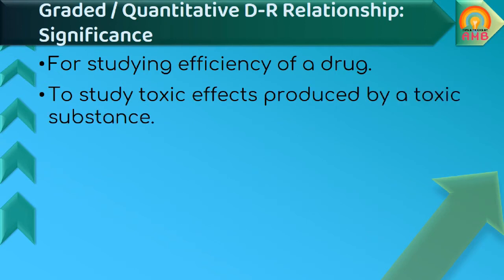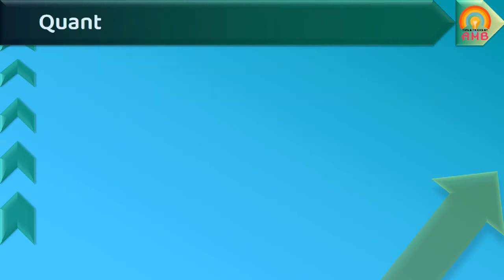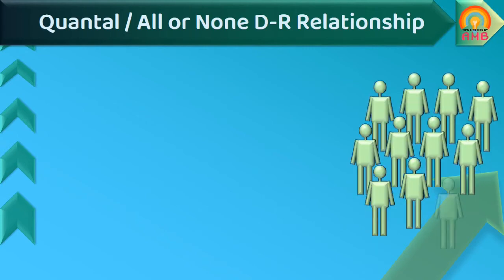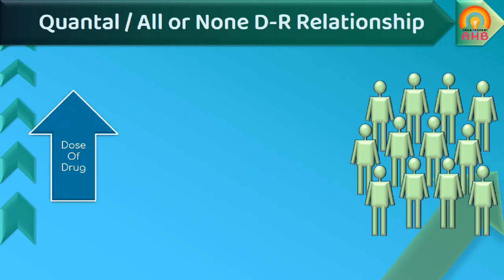Next, we are moving to quantal or all or none dose response relationship. This type of dose response relationship is studied with a subject population, that is, two or more subjects or individuals or animals can be used, and the relationship of this subject population with the dose is studied.